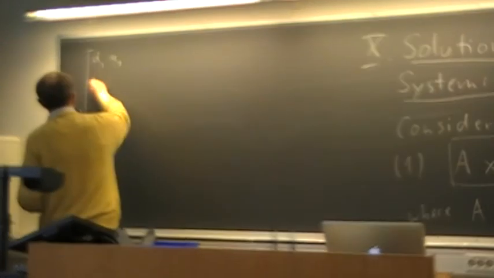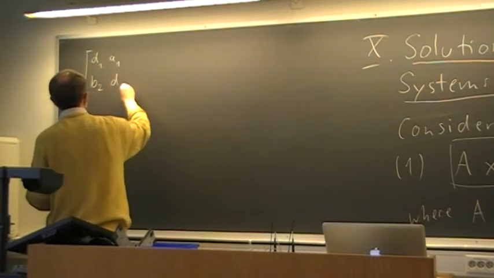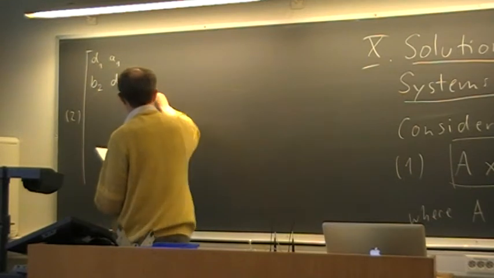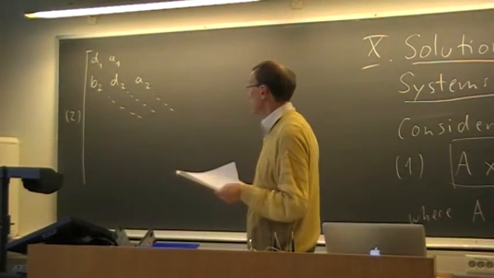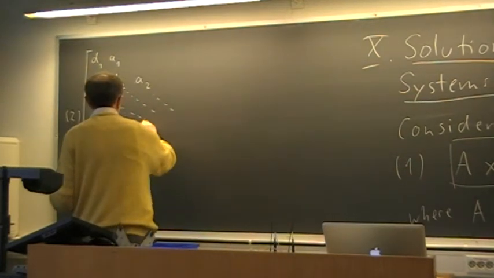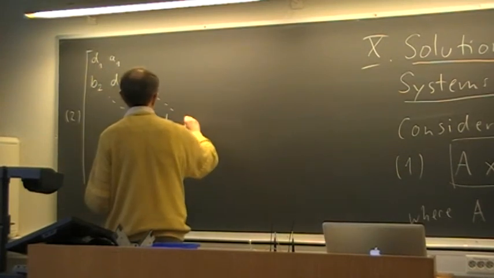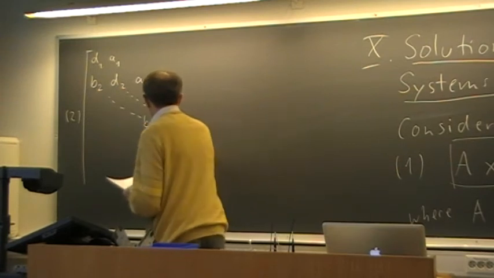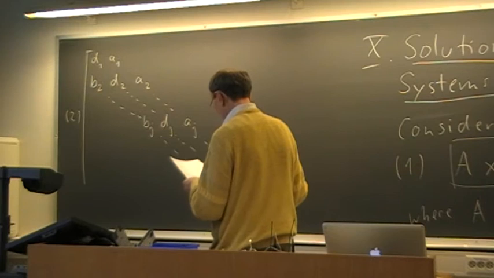And in the second row, we have a B2, a D2, and an A2. So this pattern continues all the way down, and if we are at some row j, we would have Bj, Dj, and Aj. And that continues all the way until we come close to the boundary.